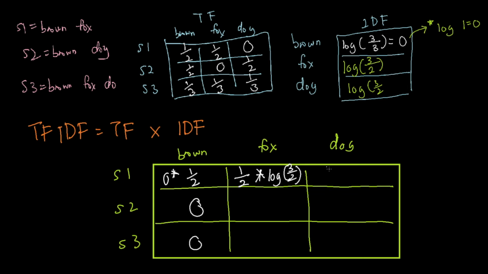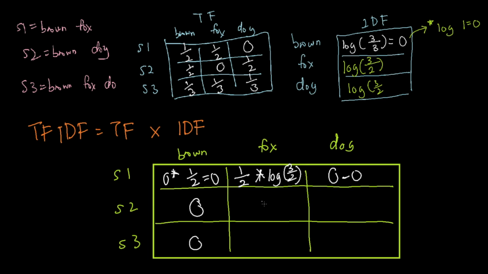As for dog, the term frequency is 0, so even though it has some value for the IDF, it also equates to 0. So we know that fox plays a significant role in sentence 1, because brown is 0 and dog is 0.